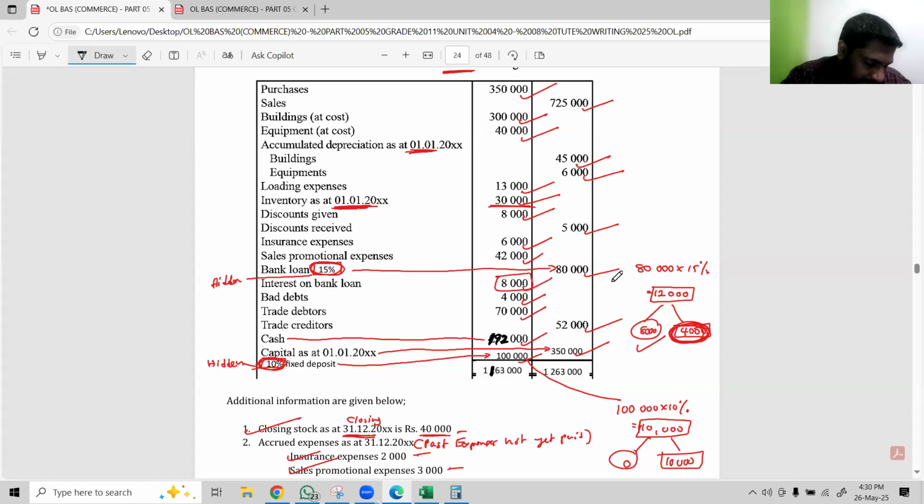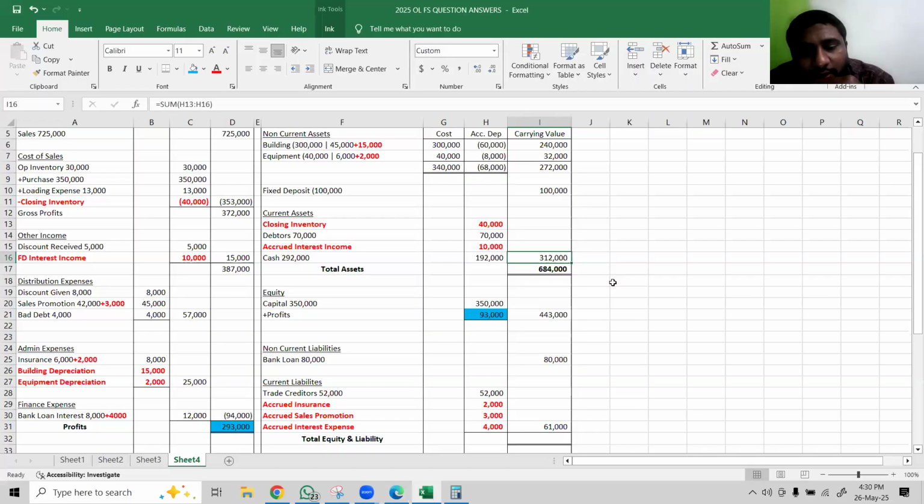So here 725 plus 45 plus 6 plus 5 plus 80 plus 52 plus... 200,000 is missing on the credit side.